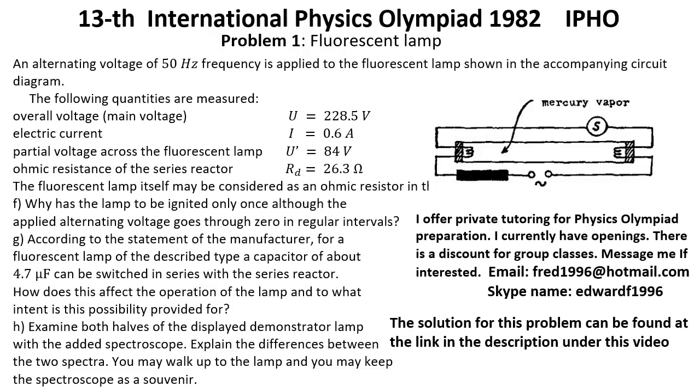Question H. Examine both halves of the displayed demonstrator lamp with the added spectroscope. Explain the differences between the two spectra. You may walk up to the lamp and you may keep the spectroscope as a souvenir.